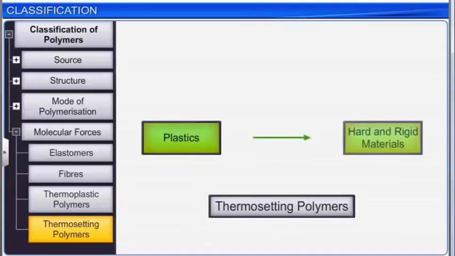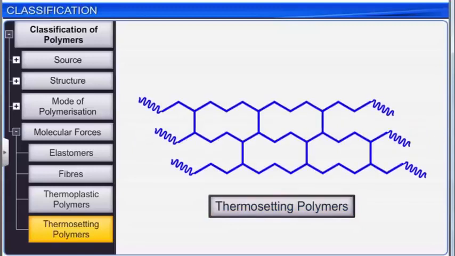Plastics that change into hard and rigid materials upon heating are called thermosetting polymers. The chains in thermosetting polymers are cross-linked or heavily branched.